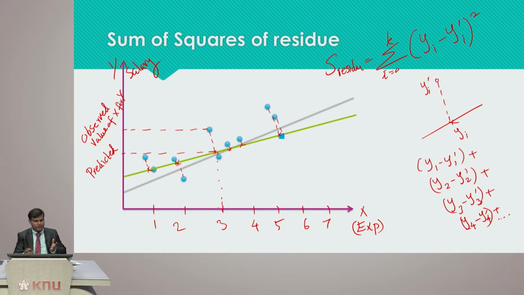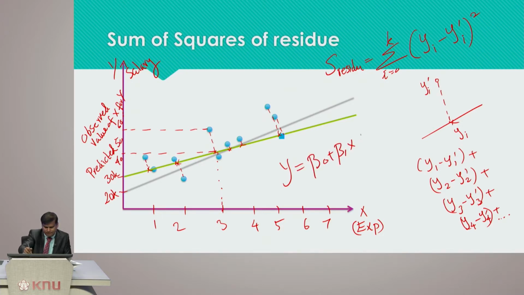Suppose we also have some values here, say 20k, 30k, 40k, 50k, 60k, and so on. Okay, also look at this equation here, beta naught plus beta 1x. This is our equation for the linear model.